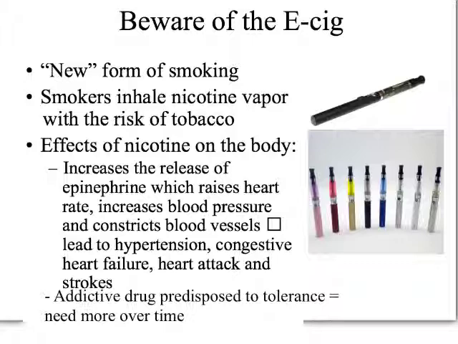Okay, so all three of those can lead to hypertension, congestive heart failure, heart attack, and strokes. Okay, so these e-cigarettes aren't the cure-all, and shouldn't be an excuse to go out and start smoking, because there's definitely still side effects of nicotine.